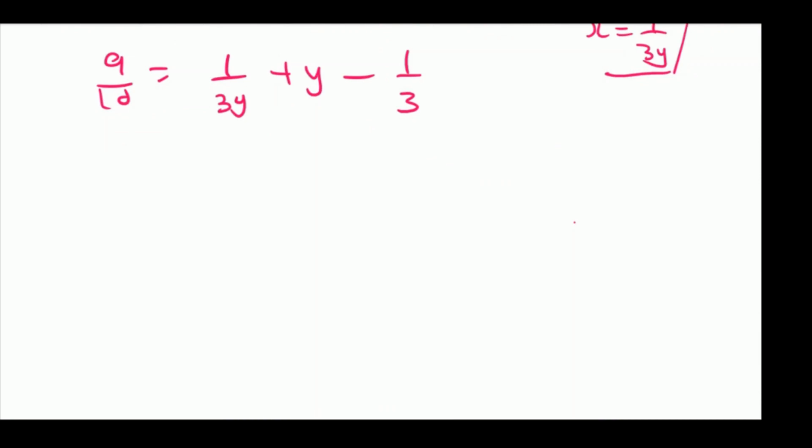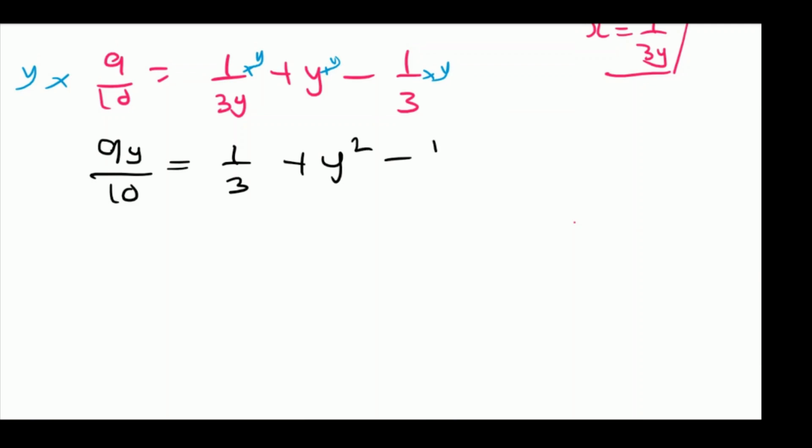What we're going to do here is remove the y at the denominator. So we multiply by y on all sides. We're going to have 9y over 10 equals 1 over 3 plus y squared minus y over 3, right? Then we multiply by 3 on all sides.